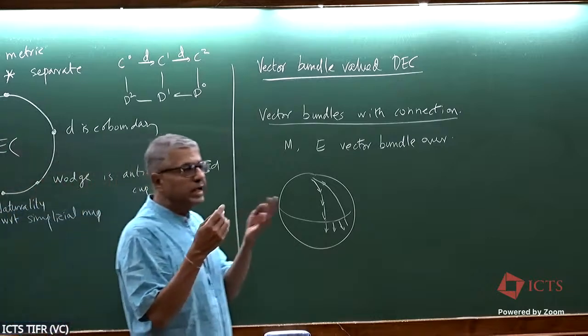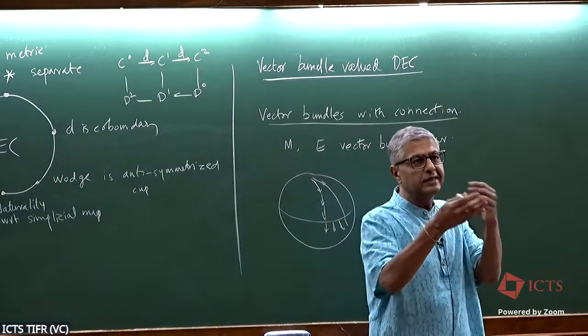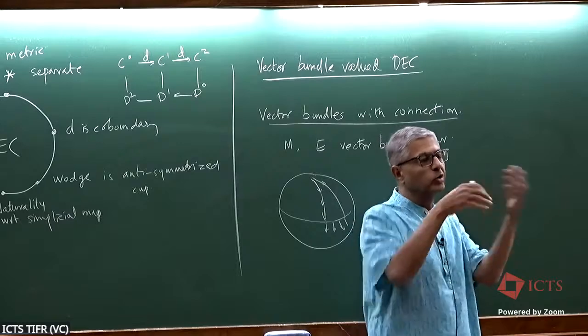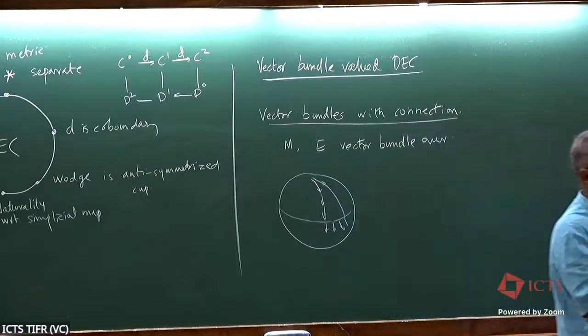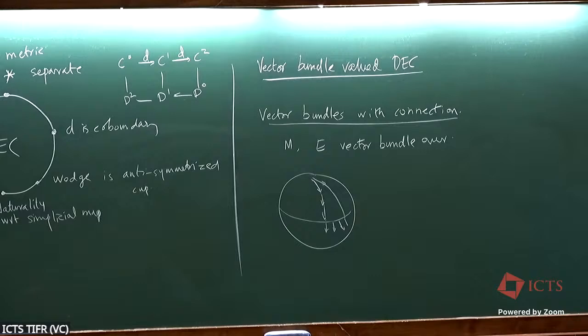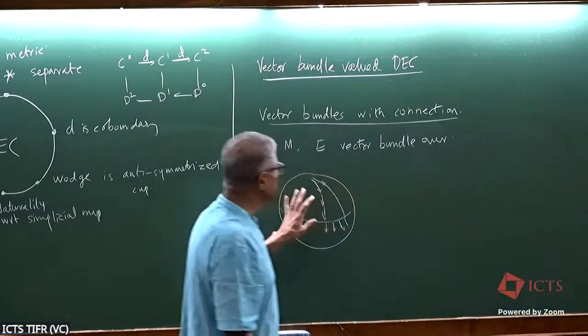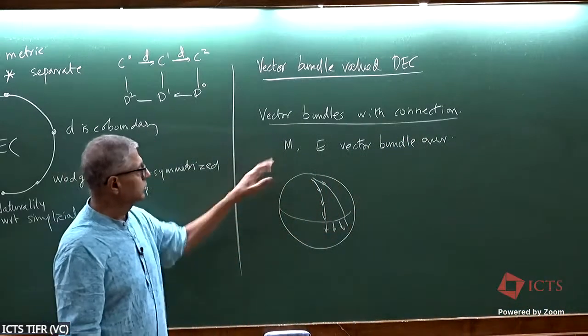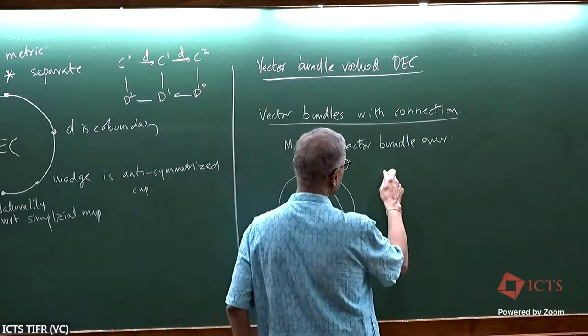So for taking derivatives, you have to compare things in different places and take the limit. So where are you going to approach it from? Which path are you going to take? So you need additional structure besides just the structure of the vector bundle, and that structure is given by a connection.